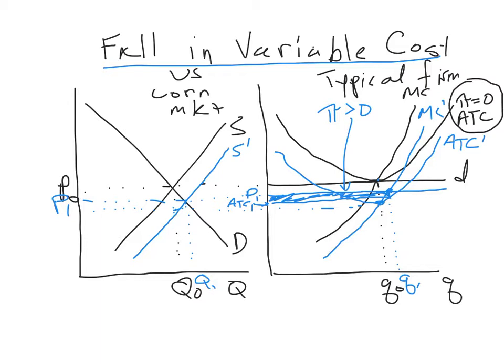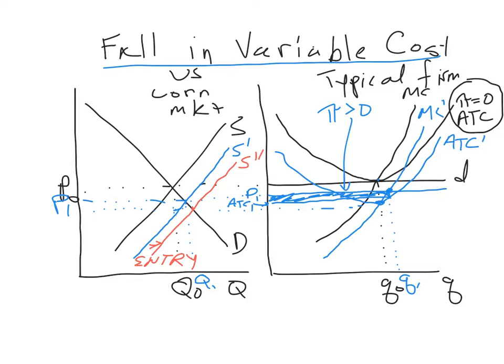Now, over time, people see, oh, these corn farmers are doing better than farmers elsewhere. And over time, I'm going to plant corn because they're the ones doing well. Notice that entry is going to happen. This shift to the right is the long-run entry. Can't happen in the short run, but over the long run, new firms can enter.